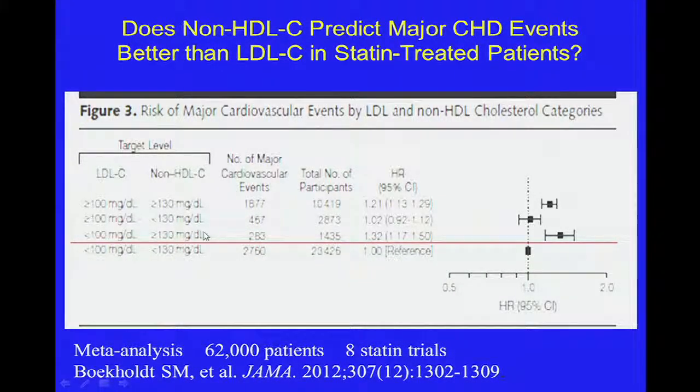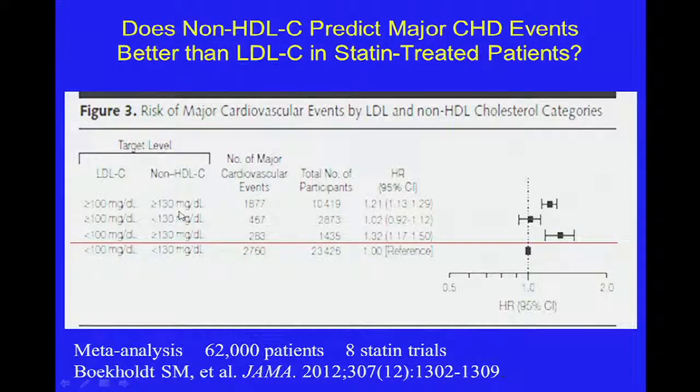In this same study, they looked at the risk of a major cardiovascular event by LDL and non-HDL categories. At the bottom, we want LDL less than 100 and non-HDL less than 130. That's where you get it right here. But if you have LDL less than 100 but the non-HDL is over that goal of 130, then the relative risk is here, and it's as high as people whose LDL and non-HDL are both not at goal.